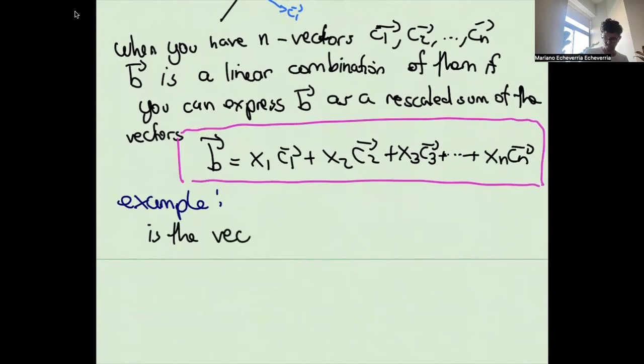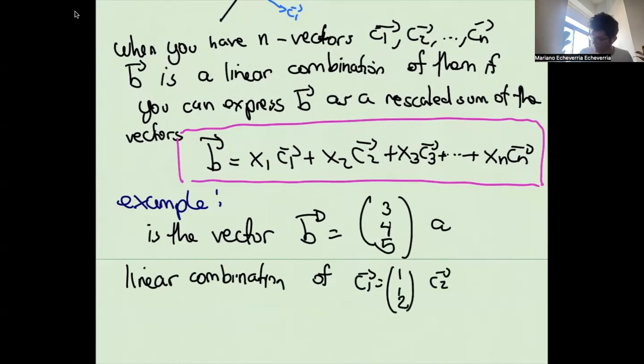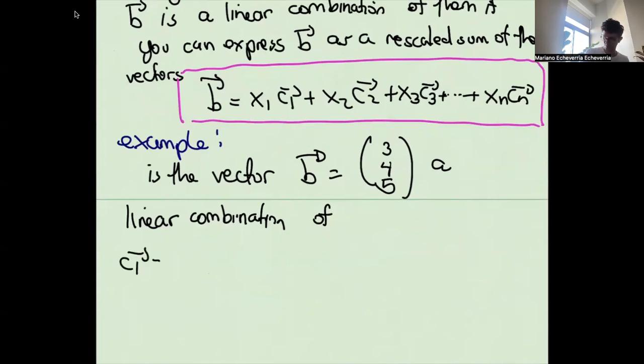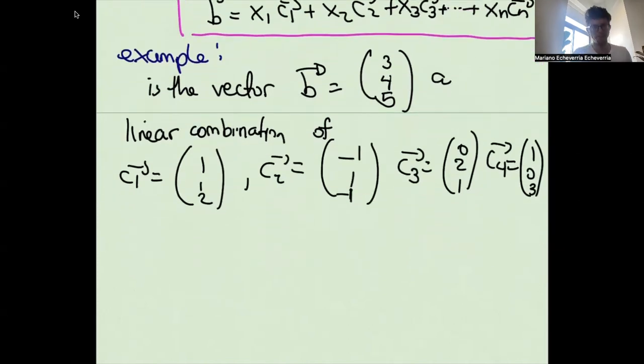Is the vector B = (3, 4, 5) a linear combination of these vectors?